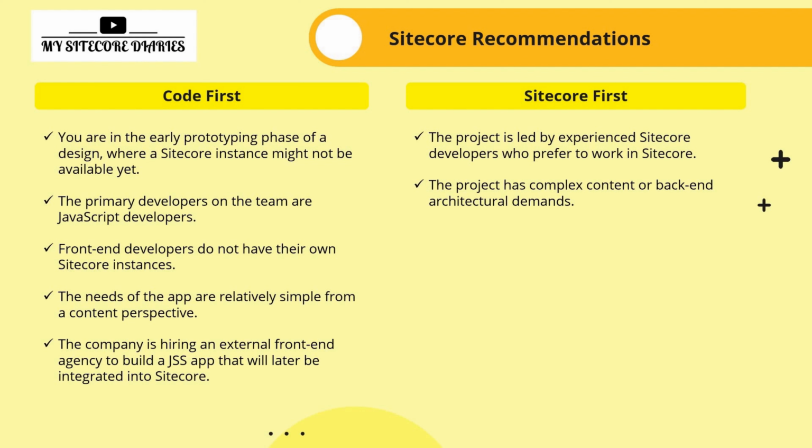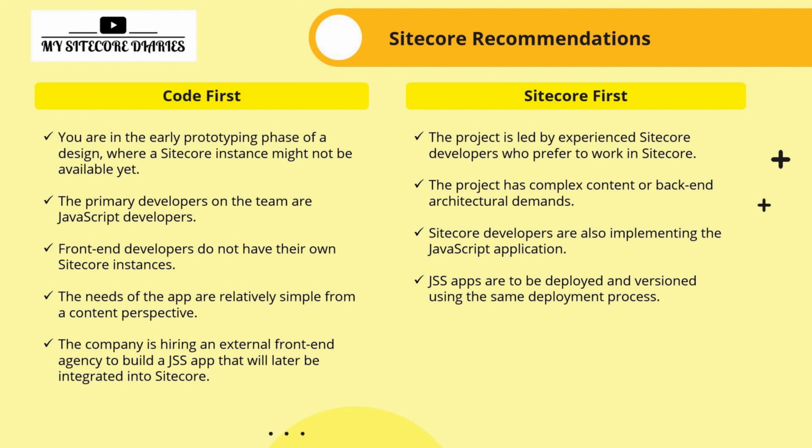So you have complex content, then it is always good to have a Sitecore first approach. Sitecore developers are also implementing the JavaScript application. So the same resources are used at the front end as well as the back end. Then you can go for a Sitecore first approach. JSS apps are to be deployed and versioned using the same deployment process.